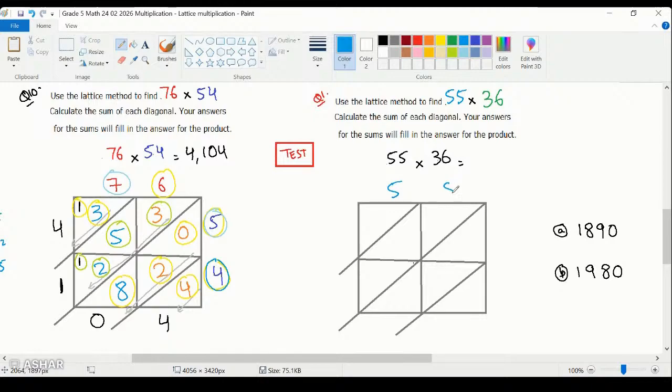I'm not solving it, okay? I would want you people to solve this. Rebecca, can you answer?